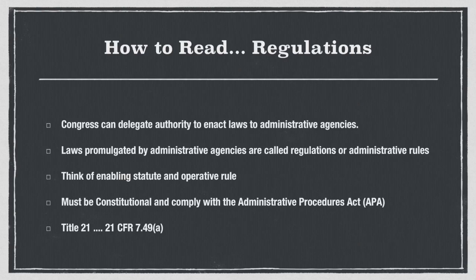And it really works for industry, because if we had to just comply with the statute, it would be very confusing, very subjective. But when we talk about a CFR section, a Code of Federal Regulation rule or regulation, same thing, we have something that's more operative. It has to be consistent with the Constitution, has to be consistent with the statute, and there's another piece: it must comply with the Administrative Procedure Act.